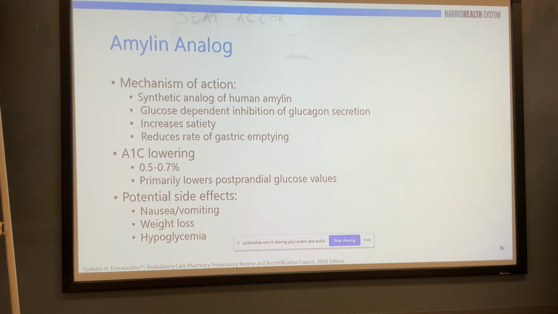So basically, whenever it feels sugars rising, it starts inhibiting glucagon secretion in the body. The A1C lowering is modest, it's about 0.5 to 0.7%, and this product works on mealtime sugars, so postprandial glucose values. Potential side effects are nausea, vomiting, weight loss, and hypoglycemia, which can be very severe.